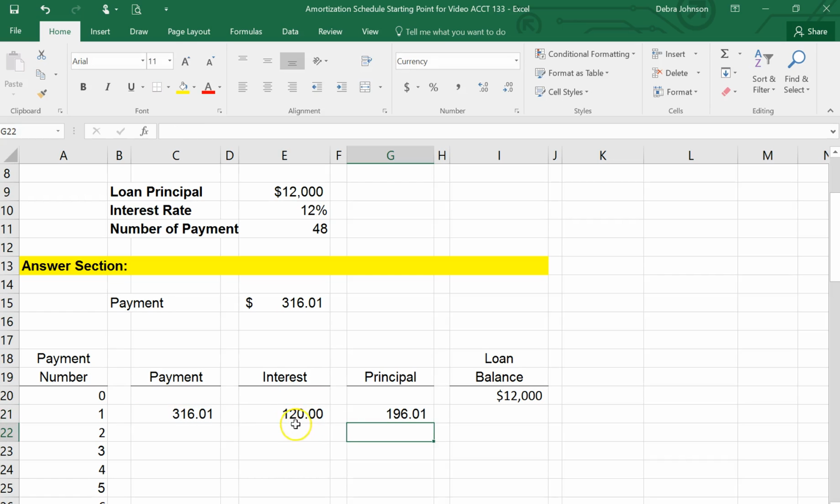On the first payment, since the bank is charging us $120 in interest, the principal value is equal to the payment minus the interest. The last step is to reduce the loan balance, not by the amount of the full payment, but only by the amount of the principal. So my formula will be the previous principal balance minus the principal just paid.